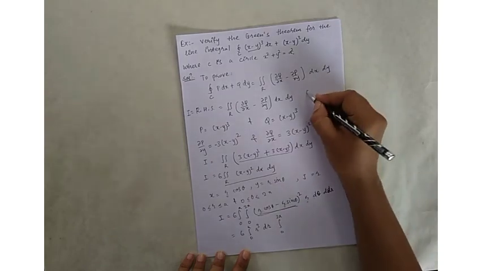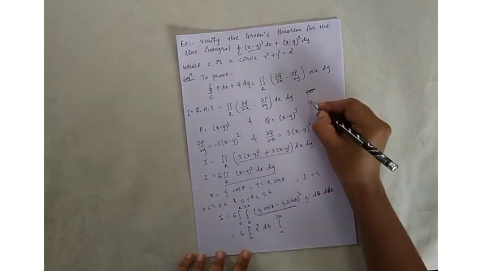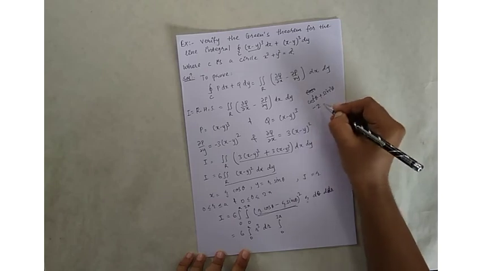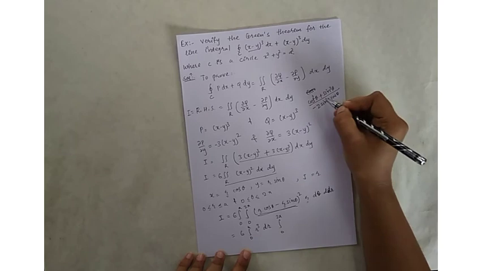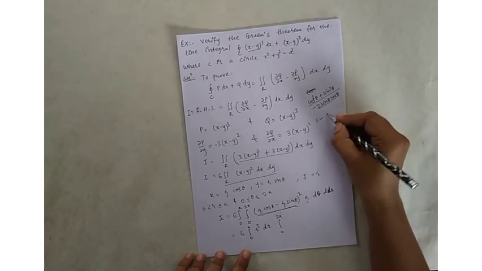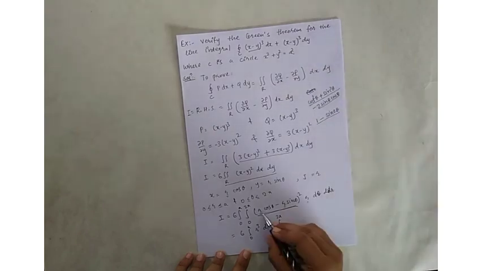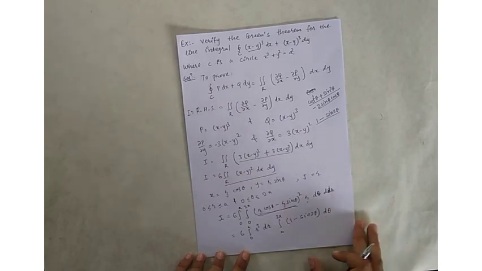So (cos theta minus sin theta) whole square is cos square theta plus sin square theta minus 2 sin theta cos theta. The value of cos square theta plus sin square theta is 1, minus 2 sin theta cos theta, that is sin 2 theta. So the value of this bracket is 1 minus sin 2 theta into d theta.